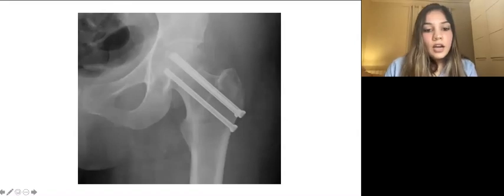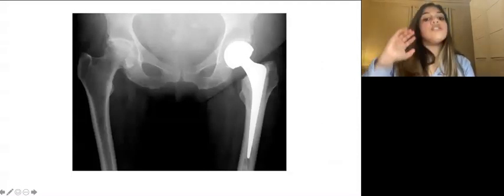Yeah, perfect. So just to go back, you won't need to know this for second year, but you'll need to know this eventually. This is a hemiarthroplasty where just the head of the femur was replaced. Typically in the elderly population, this is not a total hip replacement, just a hemiarthroplasty. A total hip replacement would be when the acetabulum, the part of the hip, is also replaced.